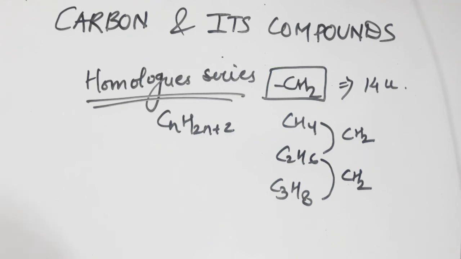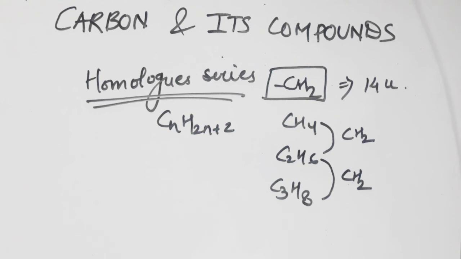Now the important points regarding homologous series: the first is each member of the series will differ by CH2, or you can say by atomic mass 14, also by molecular mass 14. The second important point is that all the members of a homologous series will share the same general formula.